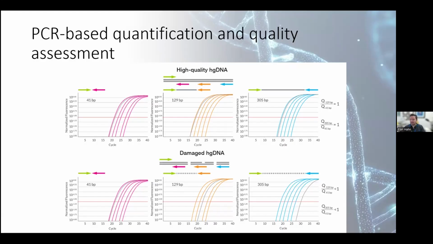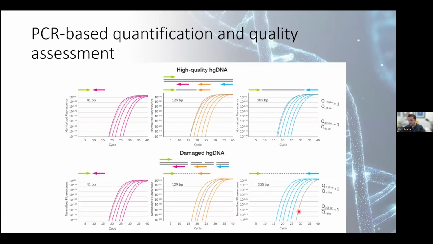And as you can see, the top figure shows high quality human genomic DNA, which is the HG, where we have a good amount of long fragment DNA here. So you can see our samples in gray, and it's amplifying to a detectable product early on, only after whatever 17 cycles, for example.